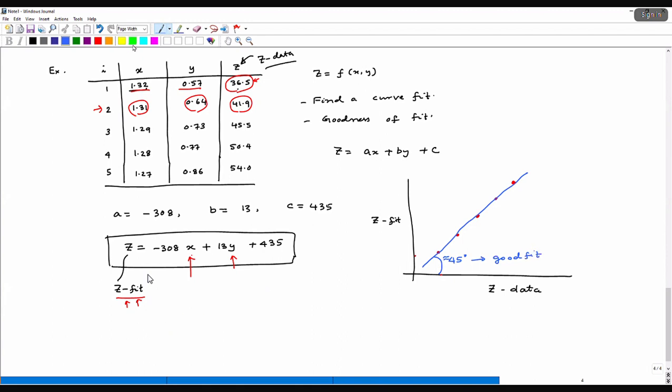But if the fit deviates, let's say I get a curve something like that or something like that, then we can say that the fit is not good, because the Z data and Z fit are very different. They do not agree with each other.